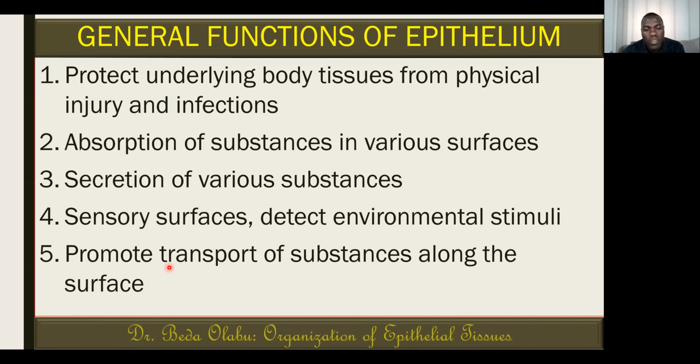Some epithelial surfaces promote the transport of substances along the surface. This is particularly true for ciliated epithelium. The cilia propel substances in a particular direction, like in the respiratory tree, where the epithelium is ciliated and propels substances along its surface. So these are the key functions of the epithelial tissues. And so I hope if you got the question wrong, you now know the correct answer.